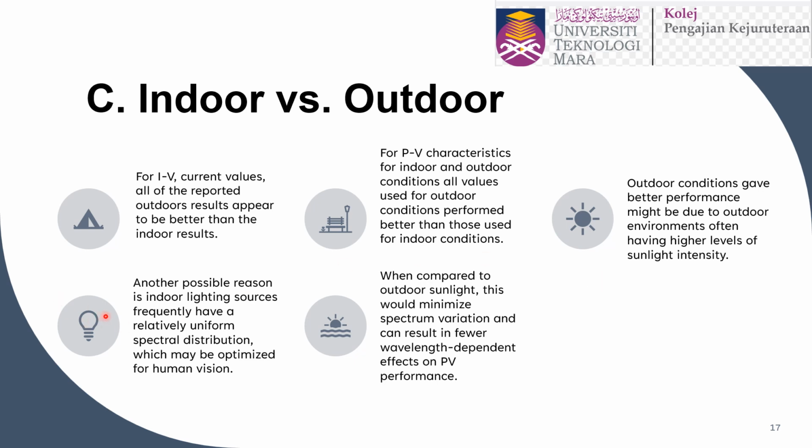Another possible reason is that indoor lighting sources frequently have a relatively uniform spectral distribution, which may be optimized for human vision. When compared to outdoor sunlight, this would minimize spectrum variation and can result in fewer wavelength-dependent effects on PV performance.